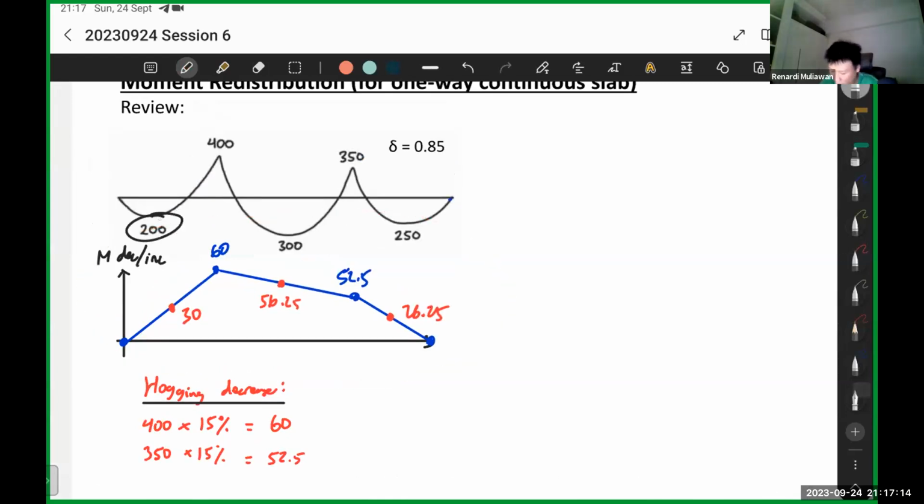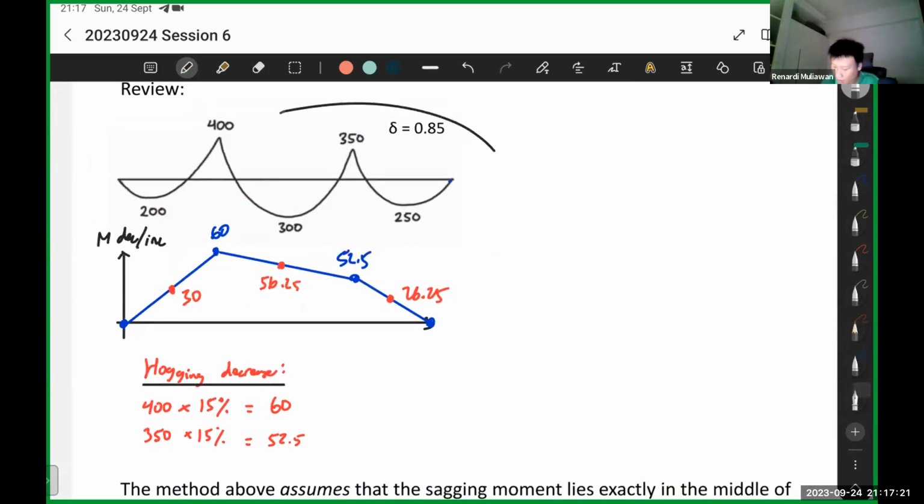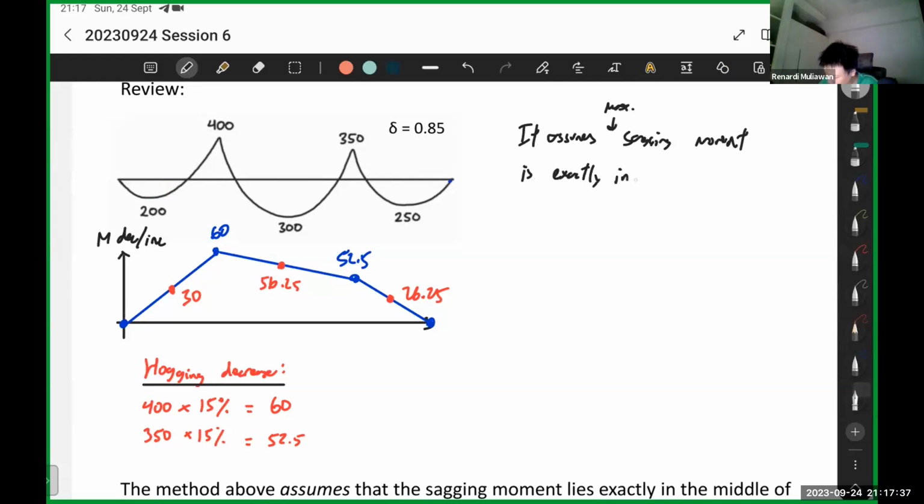Then in the end, 200 plus 330, 300 plus this, 250 plus this. So this method assumes the maximum sagging moment is exactly in the middle of the span.